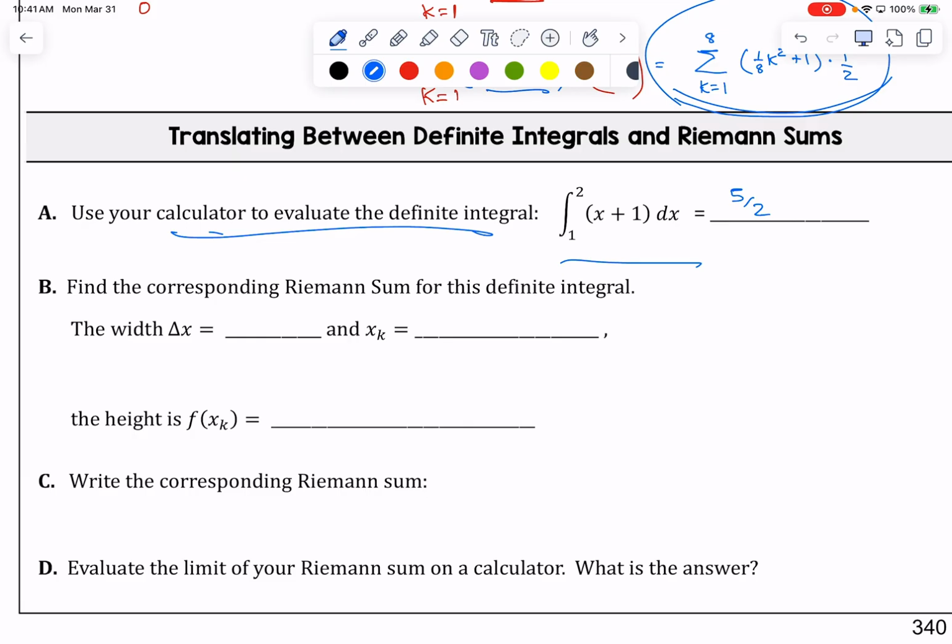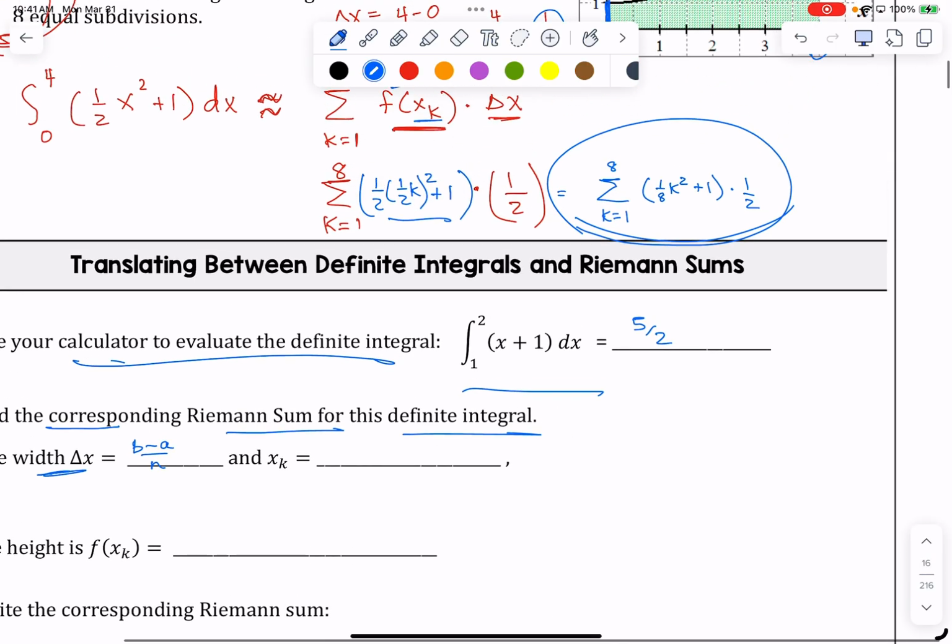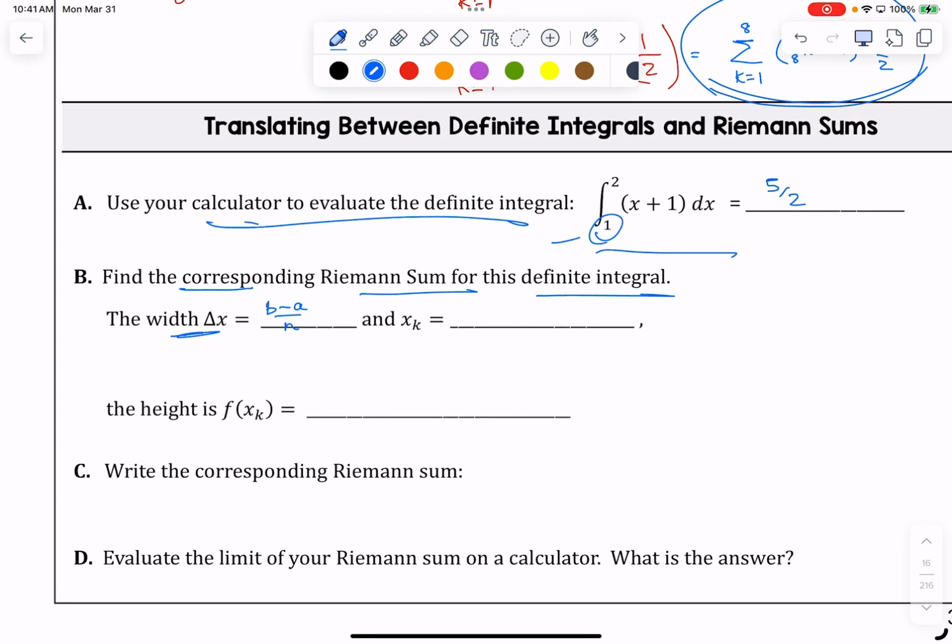All right. So if you want to find the corresponding Riemann sum for this definite integral, this is a little cheat sheet for you. You find the width, which is b minus a over what? So in this problem, what would it be? This is your a right here. This is your b.